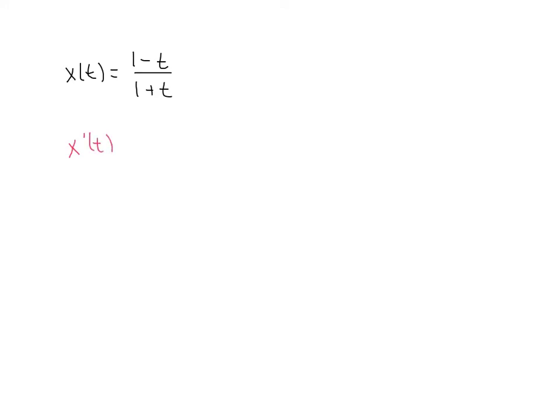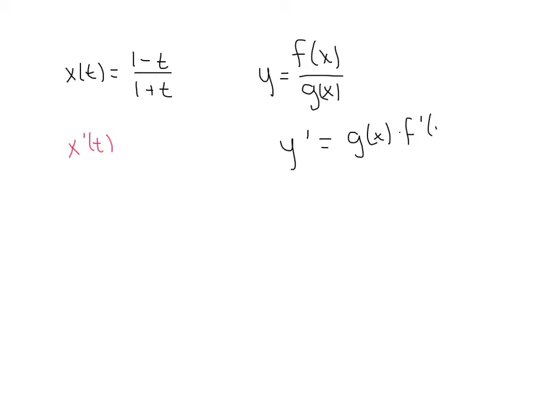If you remember the quotient rule, if you are doing the derivative of f of x over g of x, let's say this is y, y prime would be g of x times f prime of x, minus f of x times g prime of x, all over g of x squared.